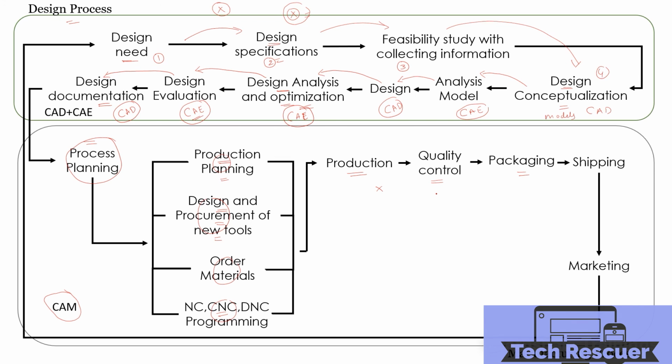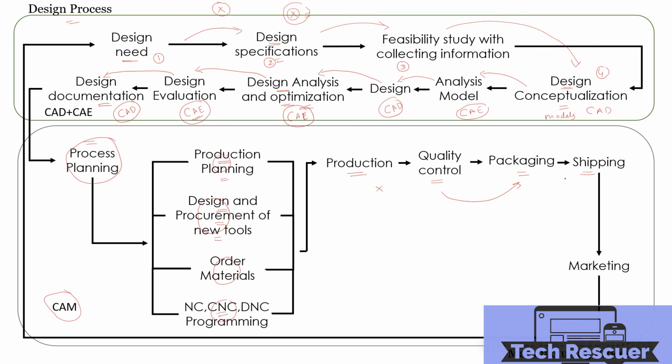And once the product passes the quality standards specified by us, it will go into the packaging stage, where the product will be packaged in different materials and by different means, and then shipped to the consumer.